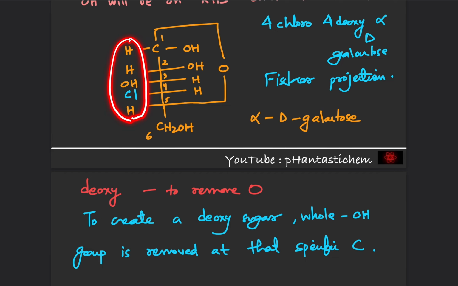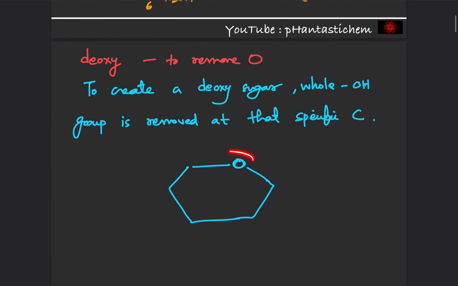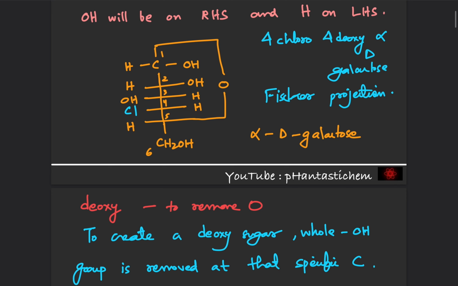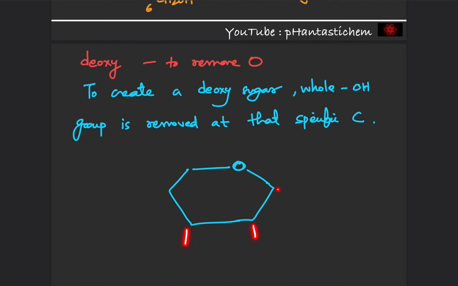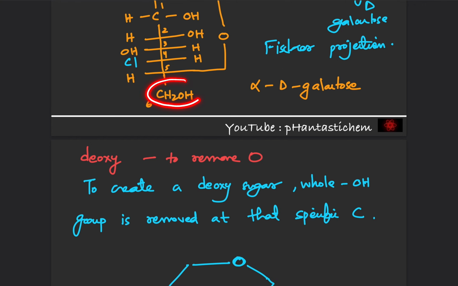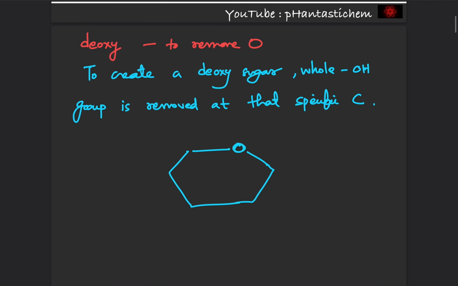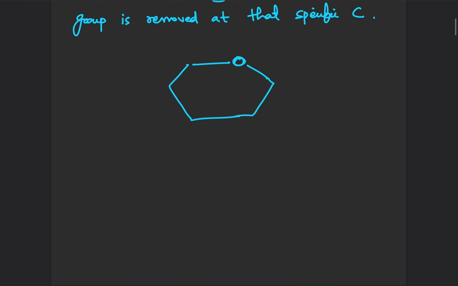So these groups will be above the plane of the ring. The groups on the right hand side in the Fischer projection will be below the plane of the ring. And the terminal CH2OH is always above the plane of the hexagonal ring. Okay, so these rules are important.